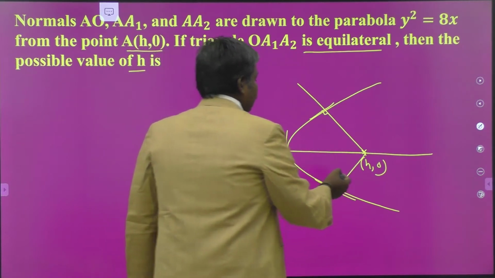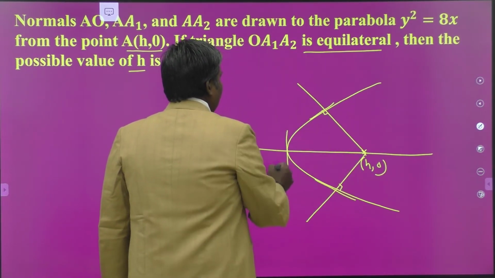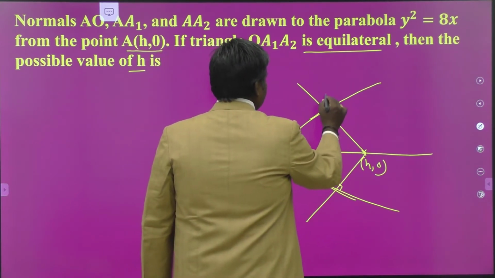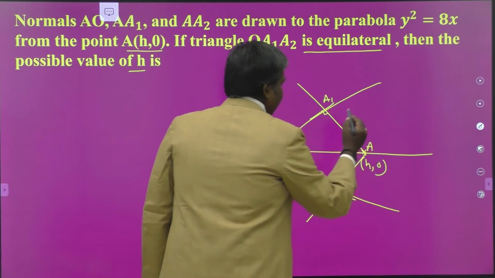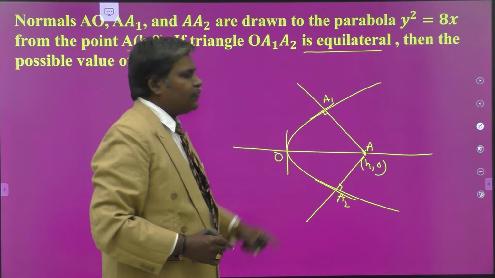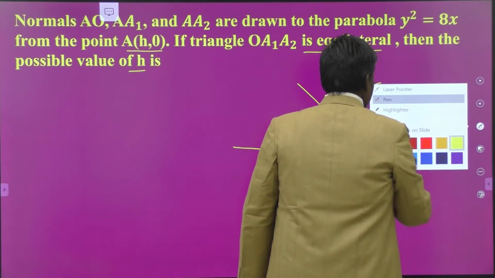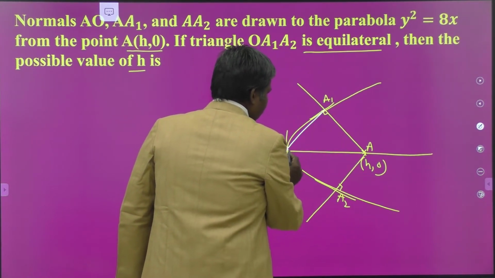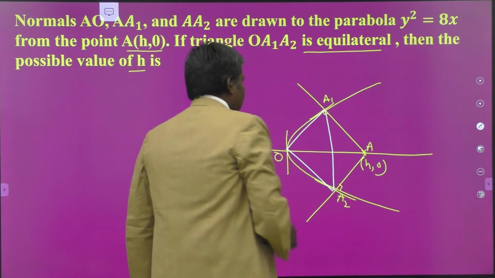This is the point (h, 0). The 3 normals intersect the parabola at O, and the other points A1, A2. Now O, A1, A2 form an equilateral triangle, so I am joining OA1, OA2 and A1A2.